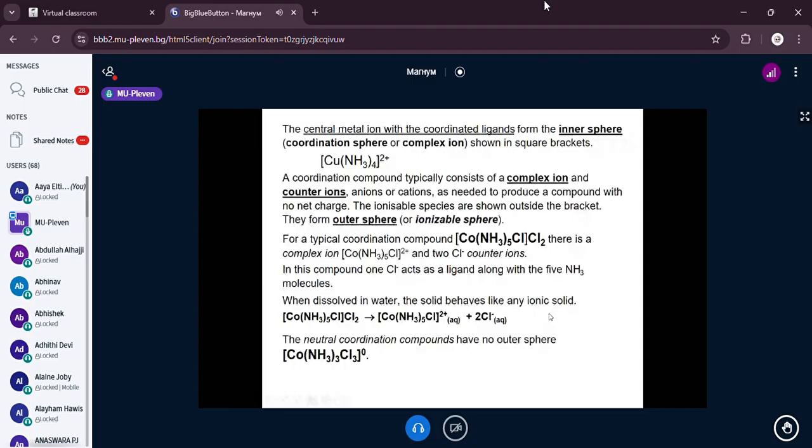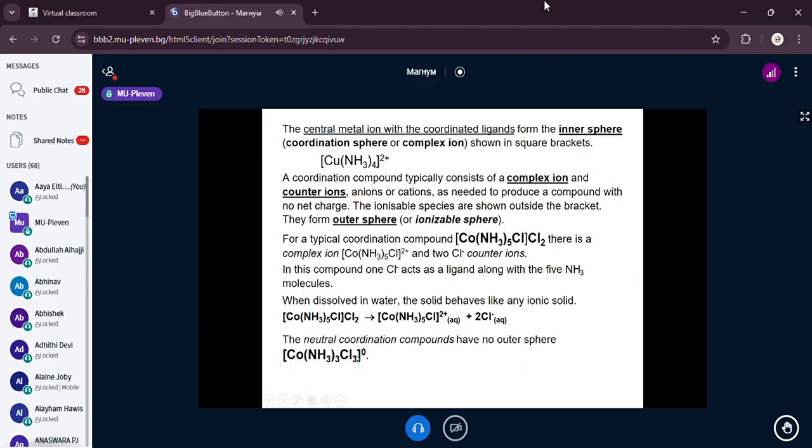And I already mentioned that some compounds haven't an outer sphere, like the coordination compound of cobalt with 3 ammonia and 3 chloride. We calculate cobalt oxidation number is 3 plus, and there are 3 neutral ammonia molecules and 3 chloride ions.